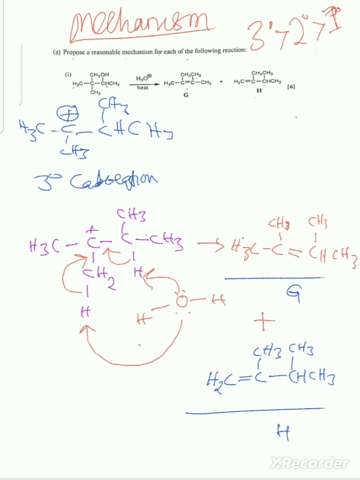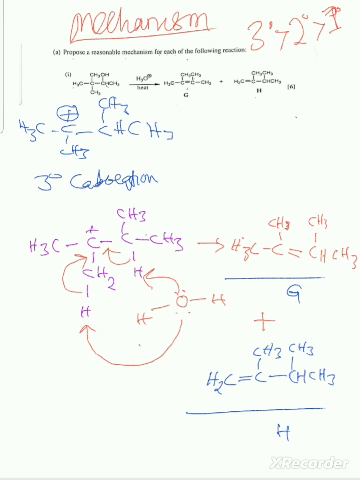G is the major product because of the base that we have been given. This hydroxide ion, which is a conjugate base, is less bulky, which will favor attacking the less exposed hydrogen, which is being hindered by the alkyl group, to produce the more stable, more substituted alkene, which is the Zaitsev product, and this is G. So G is the one which is called the major product.